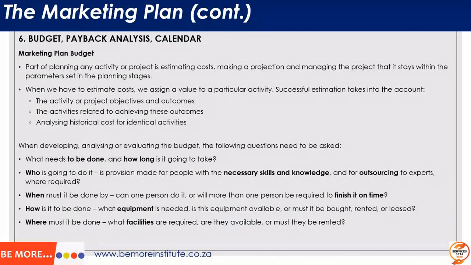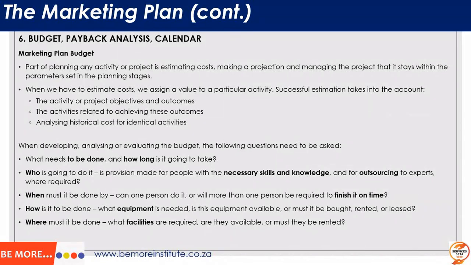So the next step that we need to look at is the budgets, the payback analysis, and the calendar. For any project, marketing on its own is a project within the organization. So everything, as we all know, requires having a budget for it.